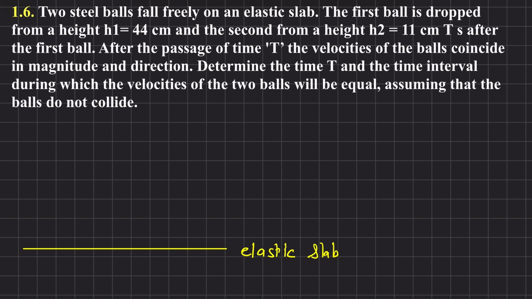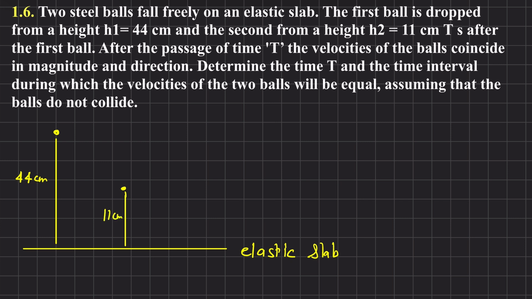Now guys, the first ball is dropped from a height h1 equal to 44 centimeter. This height is given to us, 44 centimeter. And then there is another ball, which is dropped from another height, 11 centimeter.